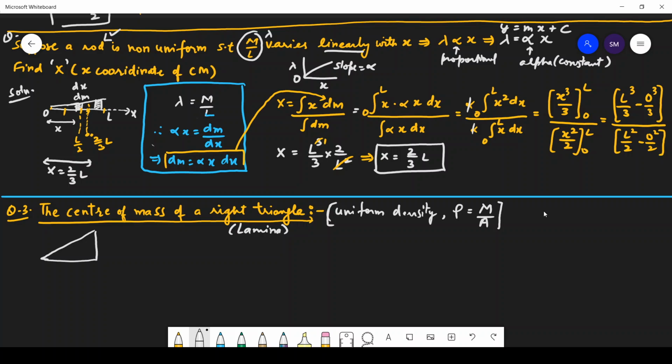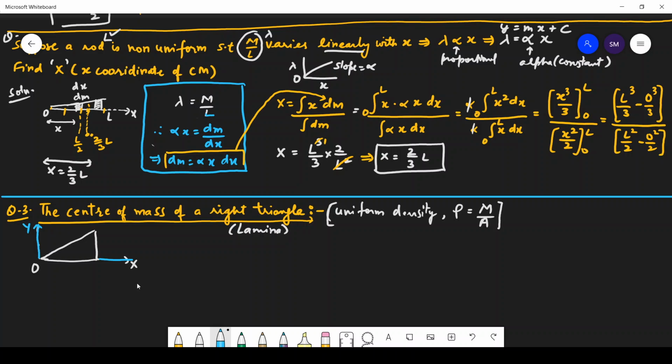So this is your 0 and this is your x-axis, you can assume. This will of course be your y-axis. So x-axis and y-axis. Students, keep on writing along with me, okay?